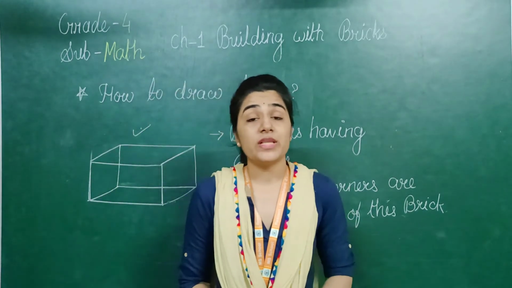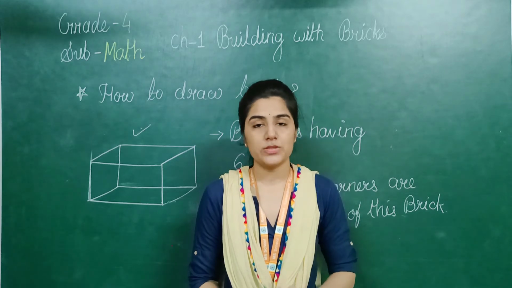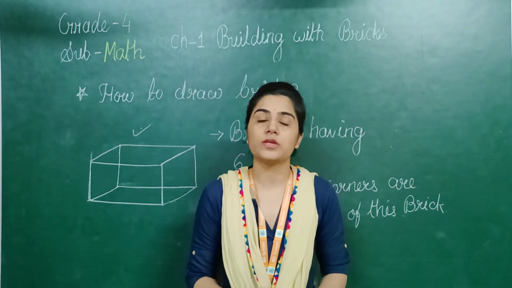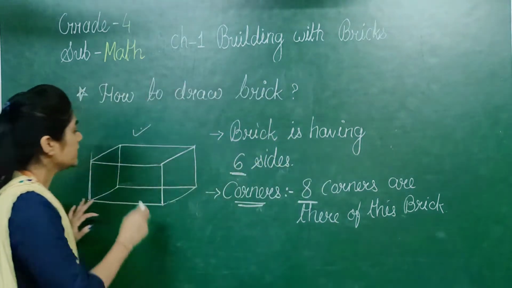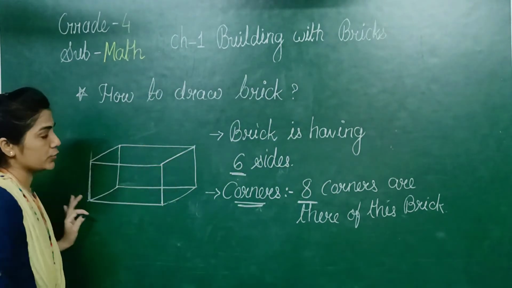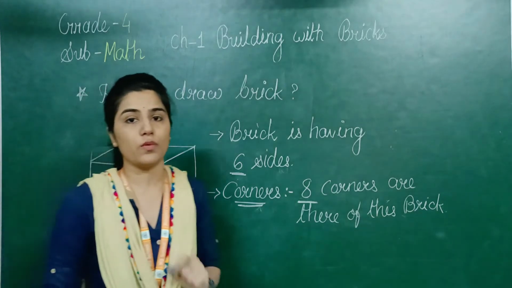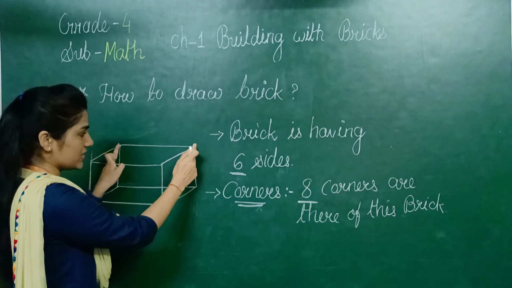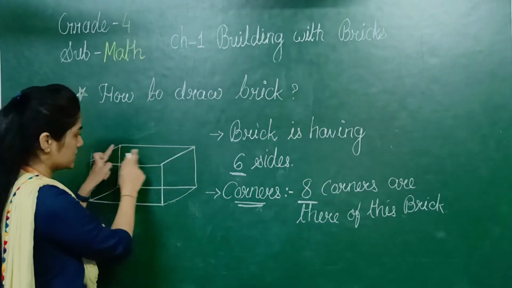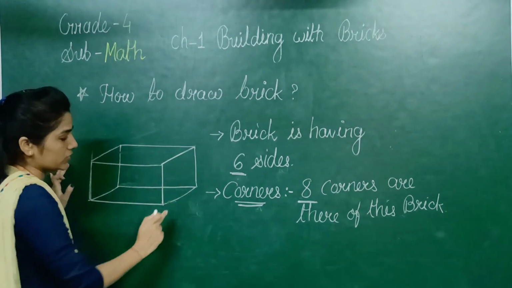Now what is called edges? This word will come in higher grades also, in the geometry chapter. So first of all, I am explaining it with this shape. In simple language, what is called edges? You can see all the sides, first, second, third, fourth.